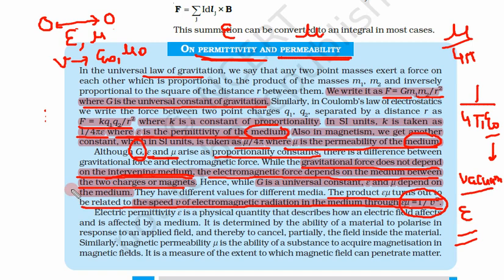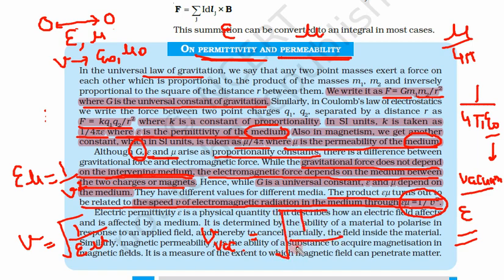So we have ε μ = 1/v², so v = 1/√(ε μ). In case of vacuum, v in vacuum will be equal to 1/√(ε₀ μ₀).